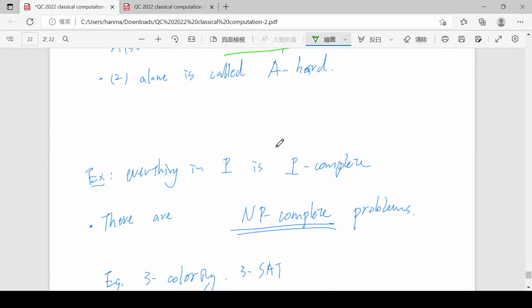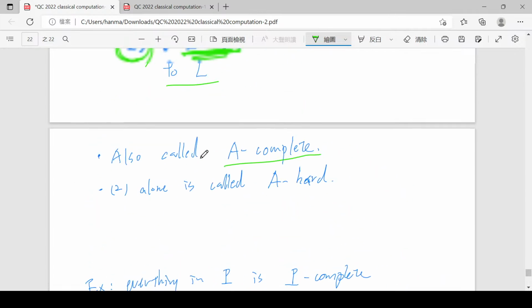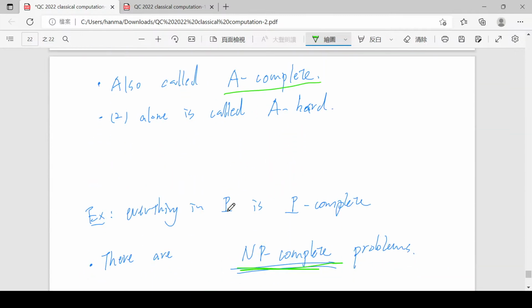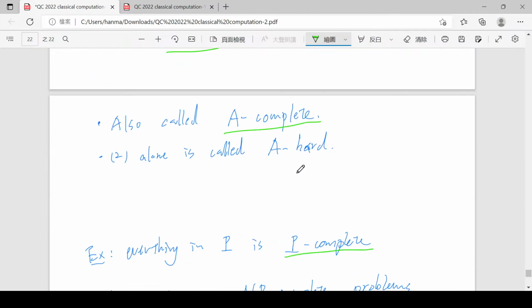And why would we want to do this? Because we want to talk about NP complete, which you probably have also heard about. But firstly, there is an easier example, which is P complete. Obviously everything in P is P complete because this is trivial.